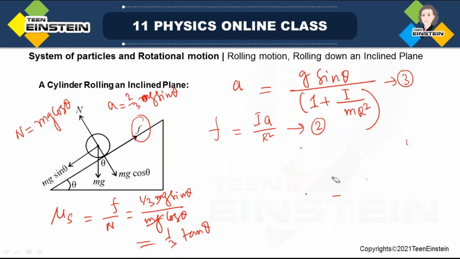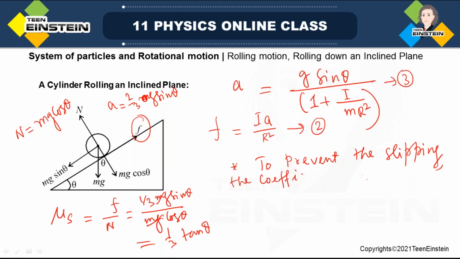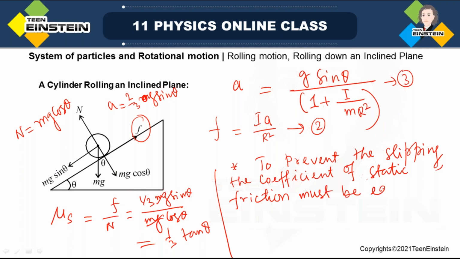So to prevent the slipping, the coefficient of static friction must be equal to or greater than 1/3 tan theta.